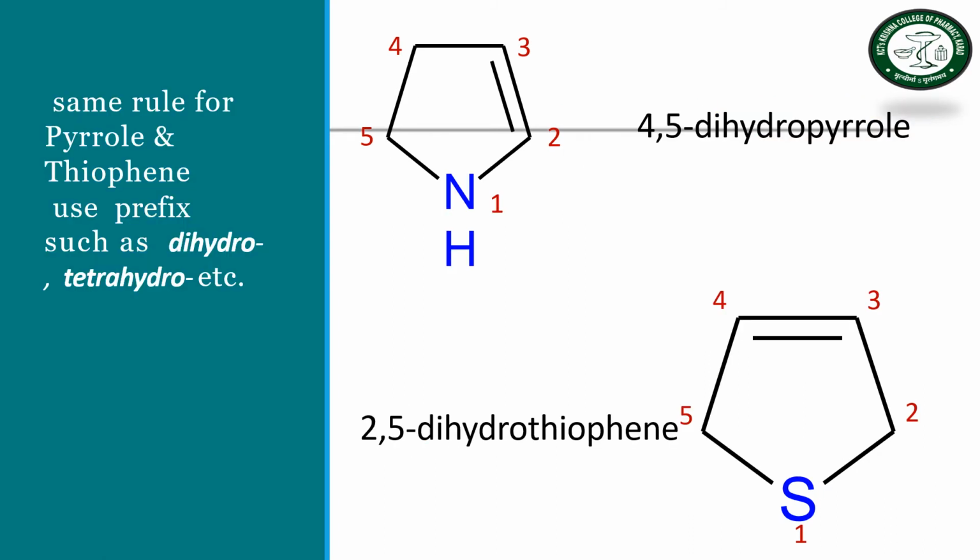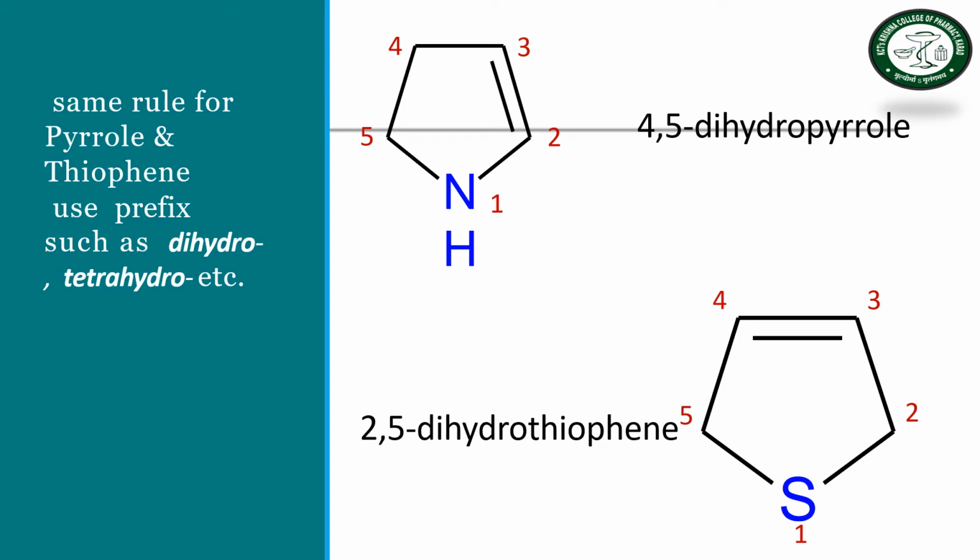Similarly, in the case of pyrrole and thiophene, the name of the ring structure is 4,5-dihydropyrrole. Why 4,5? Because at positions 4 and 5, there is an absence of a double bond.